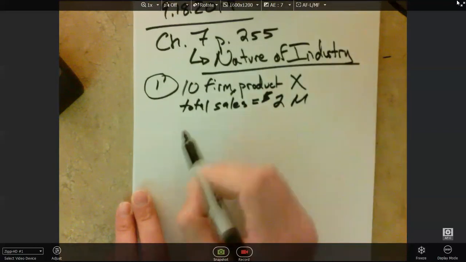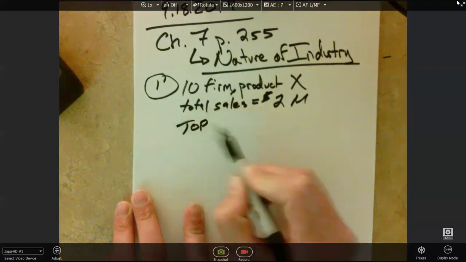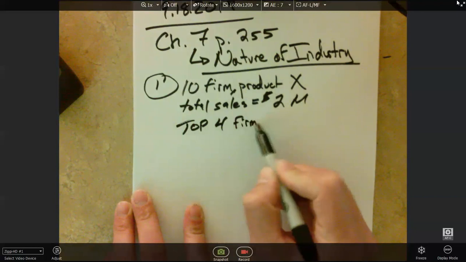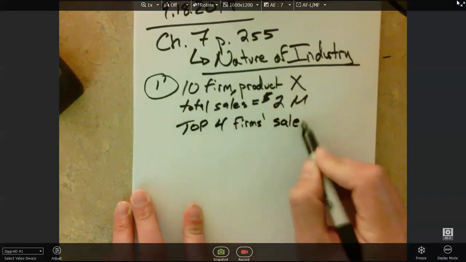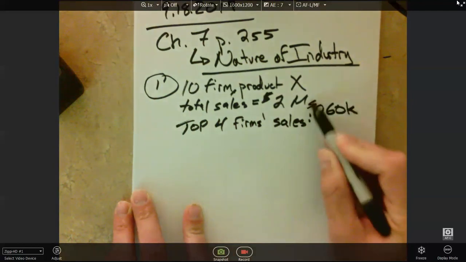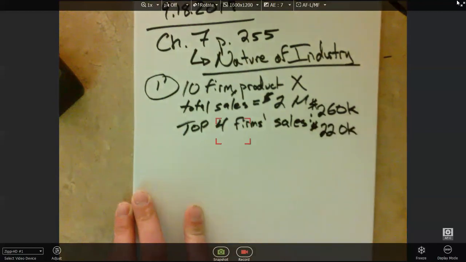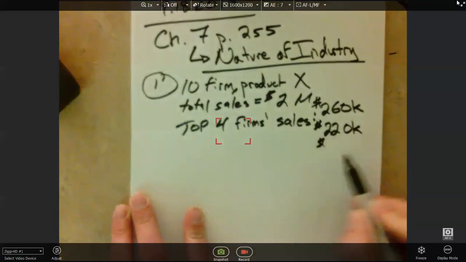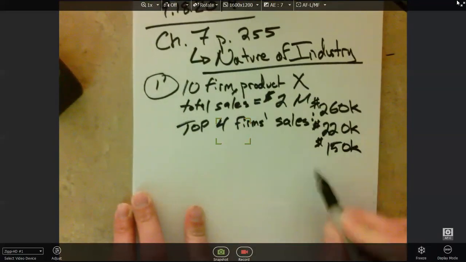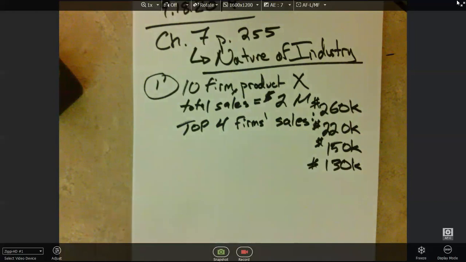Ranking the firms' sales from highest to lowest, we find that the top 4 firms' sales are $260,000, $220,000, $150,000, and $130,000 respectively. Calculate the 4-firm concentration ratio for product X. Go.